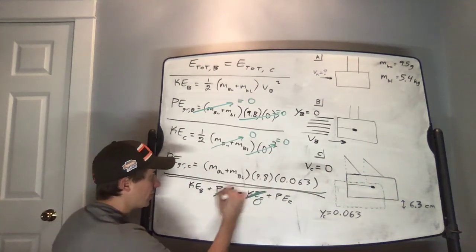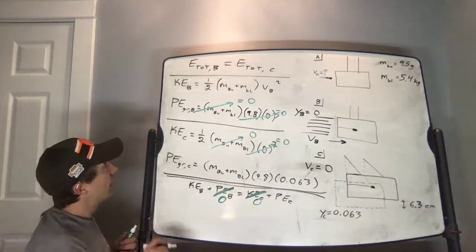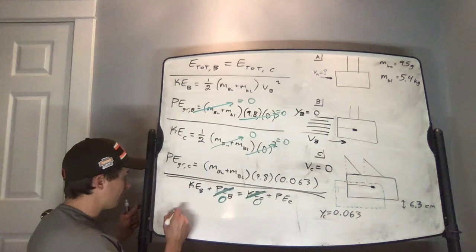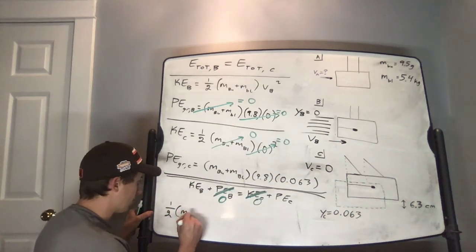And the potential energy at moment B I could also get rid of because that we said is equal to 0.